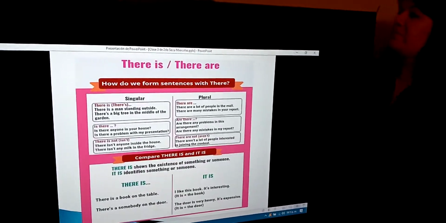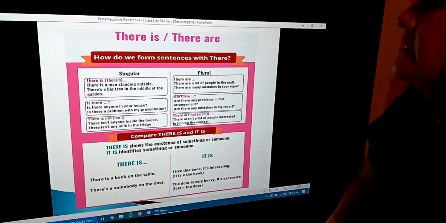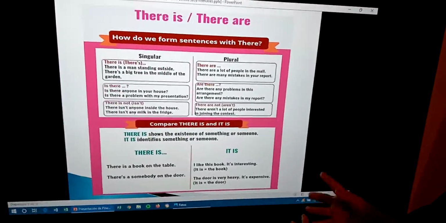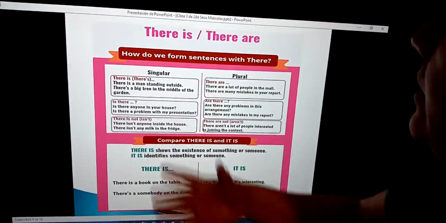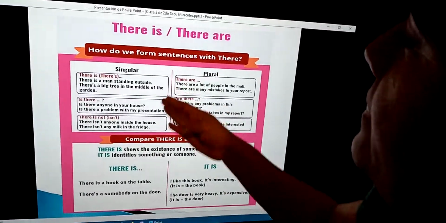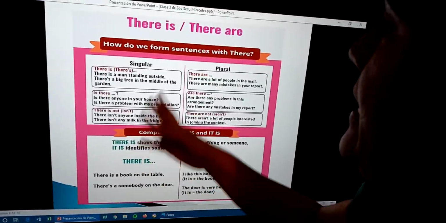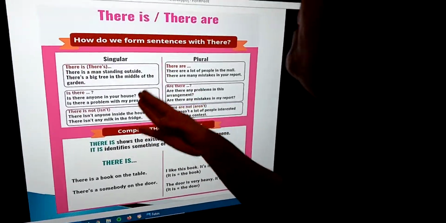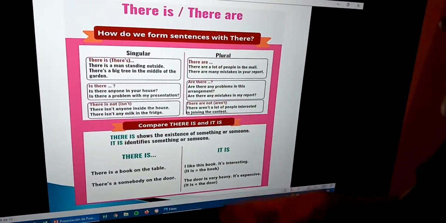Next. There is and there are. How do we form sentences with "there"? Let's see, singular and plural. There is, and the contraction, there's. There is a man standing outside.